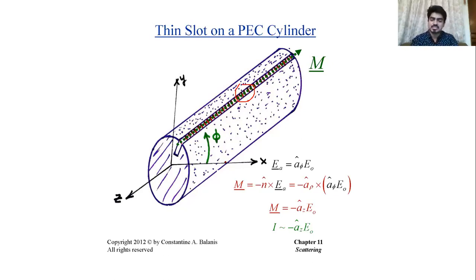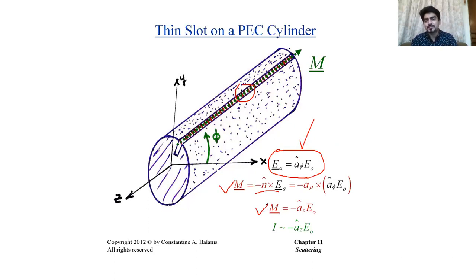Then in that case what we can do is say that we have this E field distribution, which is nothing but a uniform E field distribution, because the slot is very thin in the phi direction. From that we can find the equivalent magnetic current density using this equation, and from that we can write down your equivalent current density.